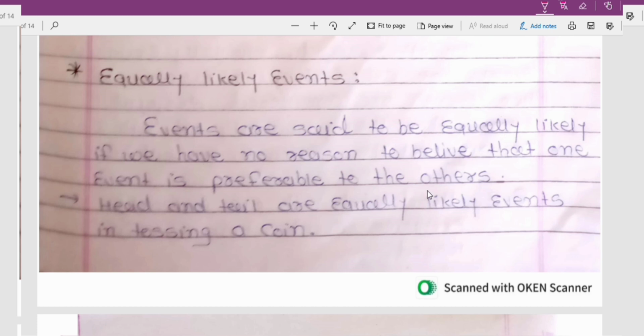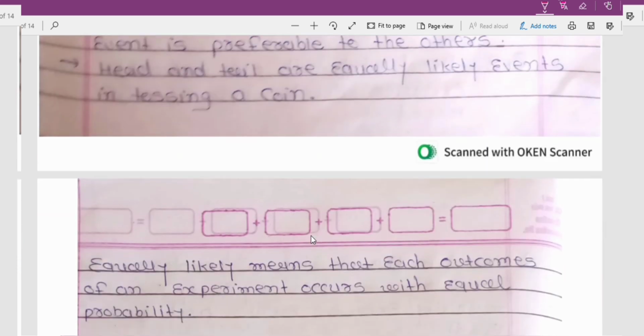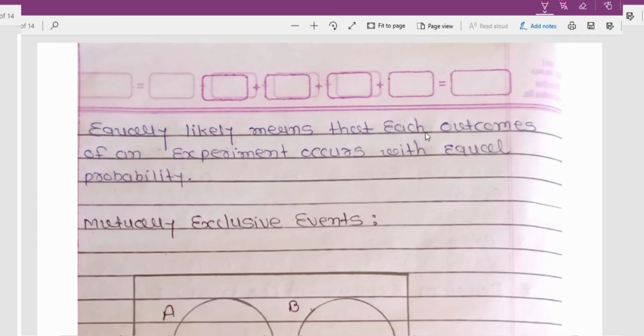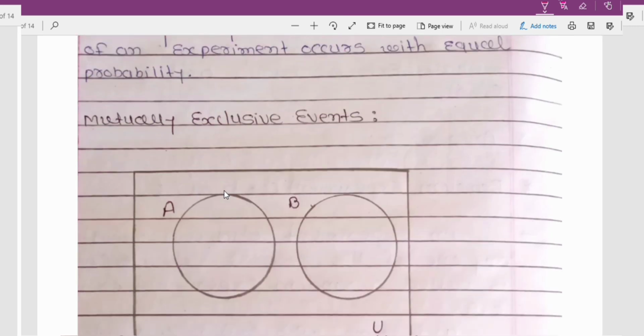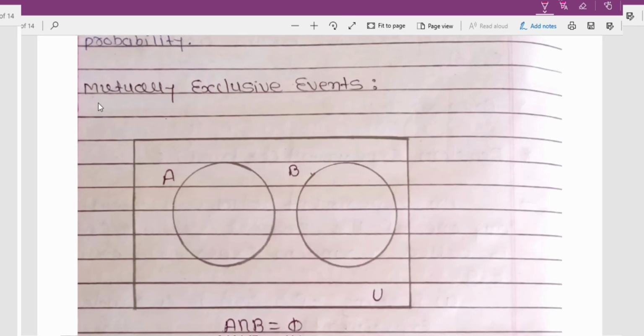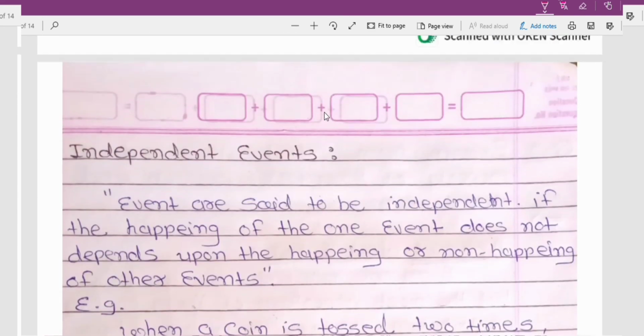Next, equally likely events. Events are said to be equally likely if we have no reason to believe that one event is preferable to the others. Head and tail are equally likely events in tossing a coin. Equally likely means that each outcome of an experiment occurs with equal probability.